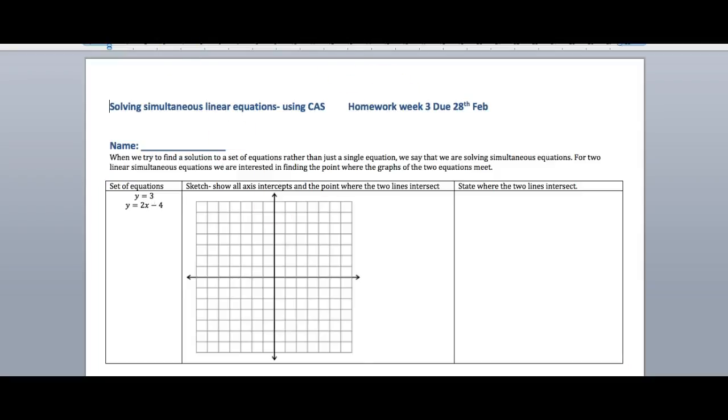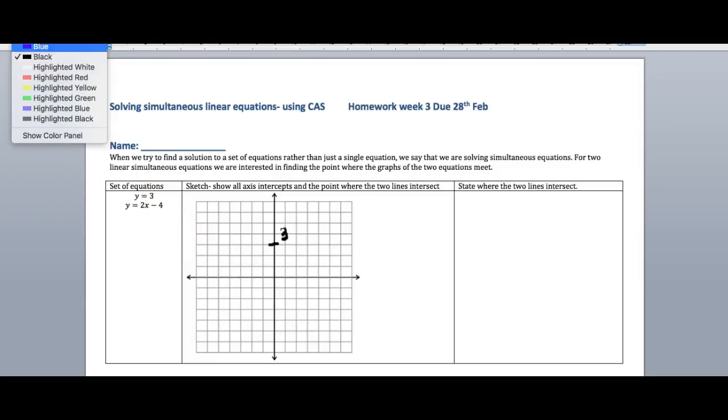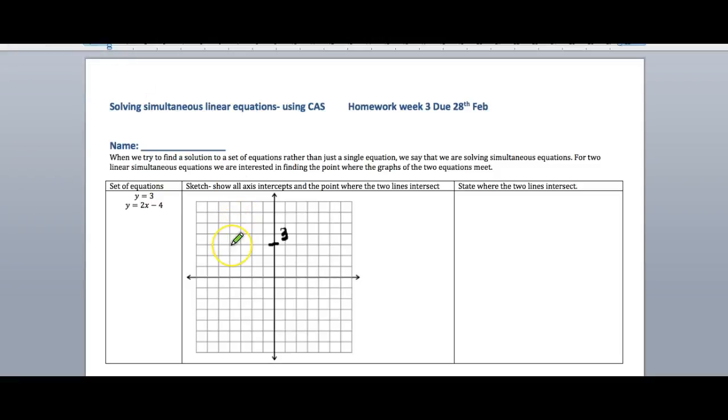So if I just get my pen up, we go to 3. And it's going to be hard for me to draw a straight line. Actually, we'll do it in a different colour. Let's do it in green, just so we can see it. Now you should be using a ruler.